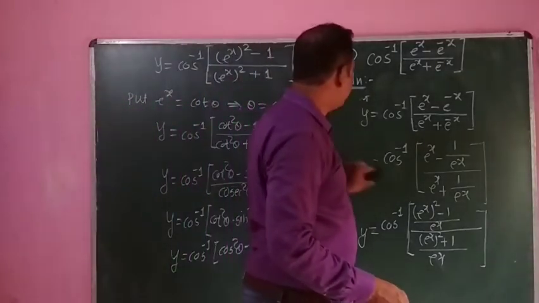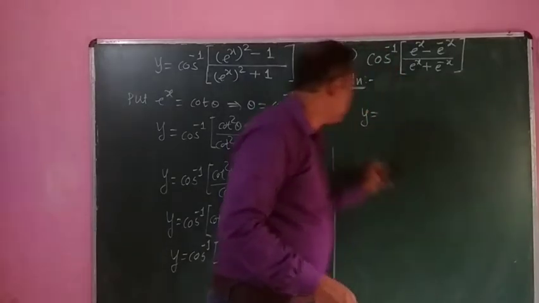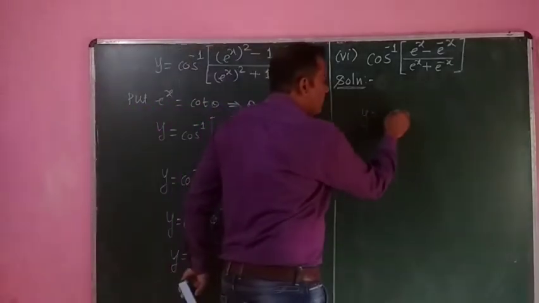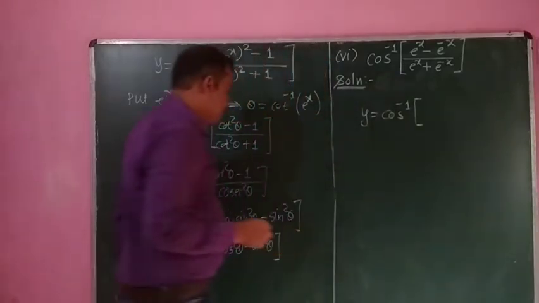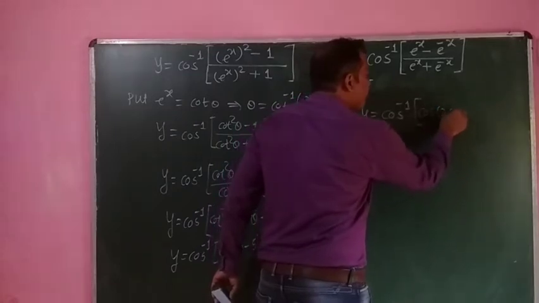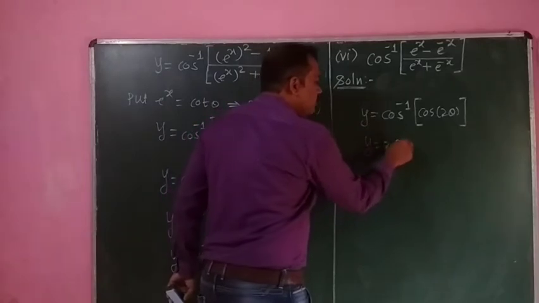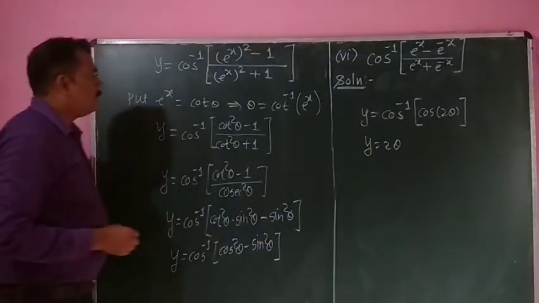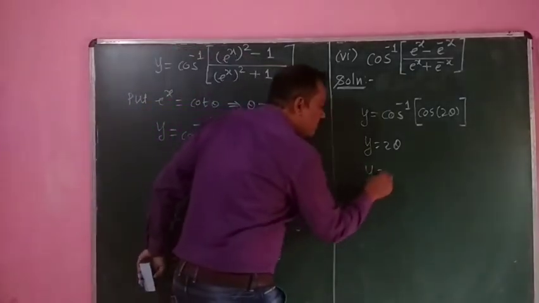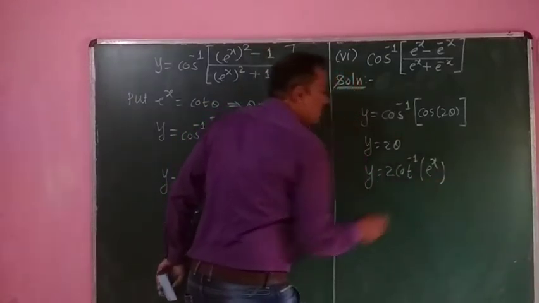So y equals cos inverse of cos 2 theta, which is nothing but 2 theta, that is y equals 2 theta. What is theta? Theta is nothing but cot inverse of e^x, so y equals 2 times cot inverse of e^x.